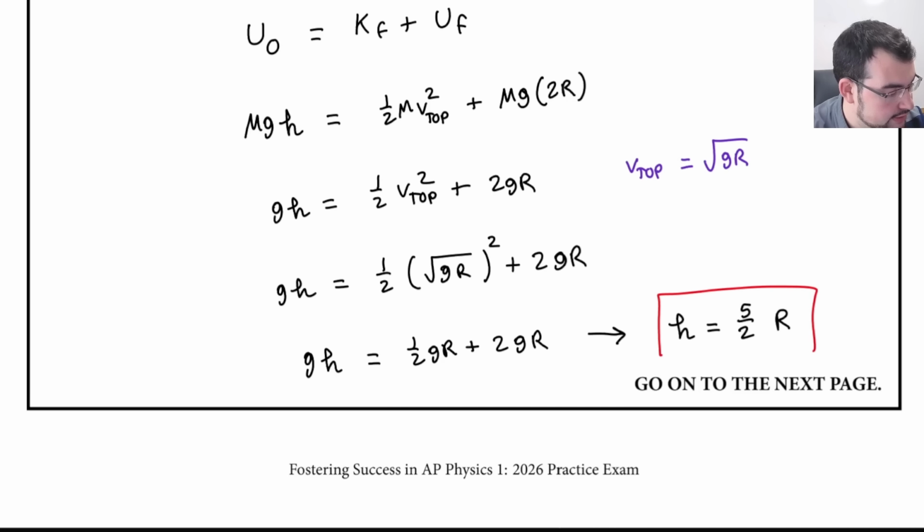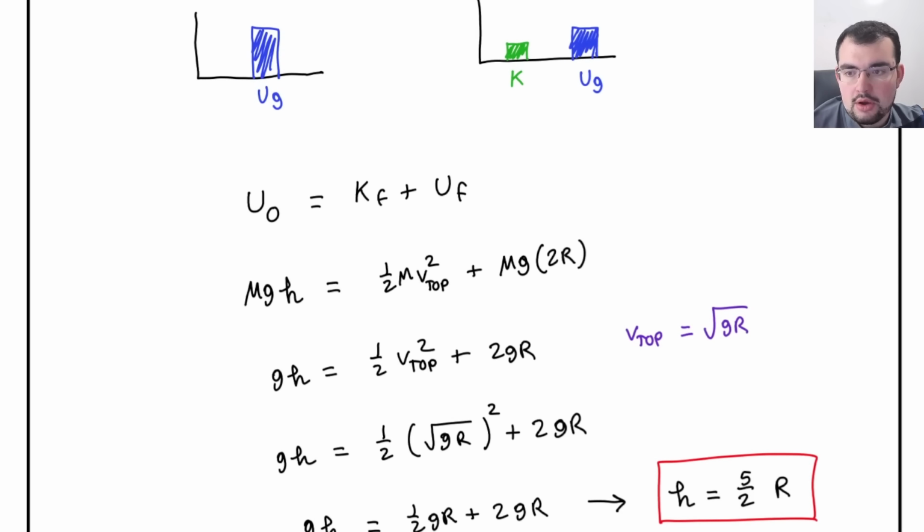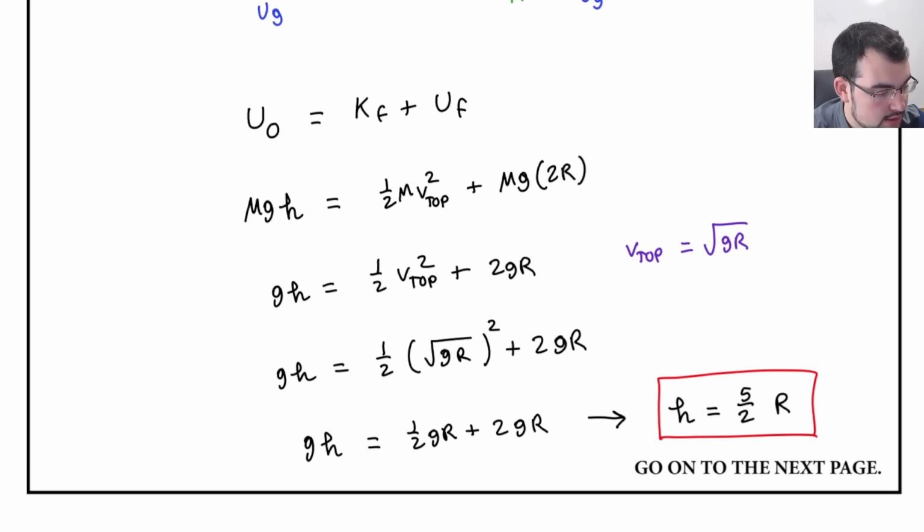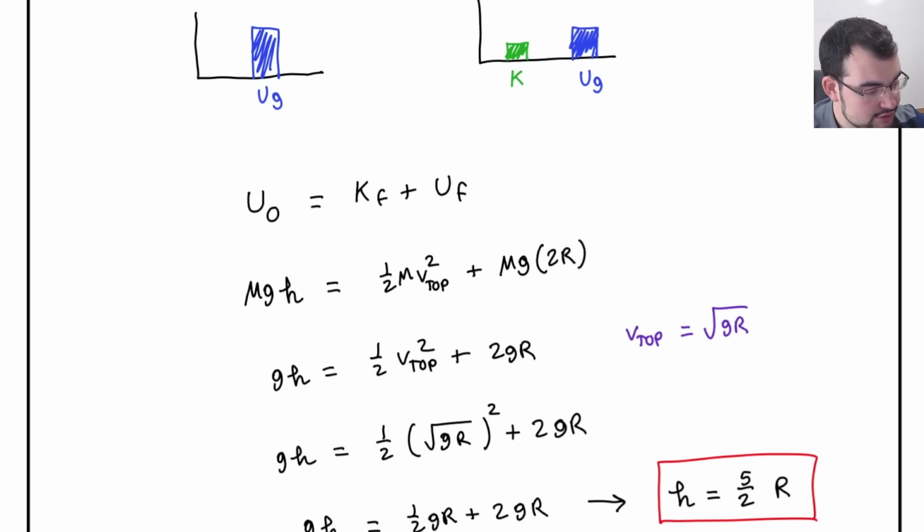No other variables. So how did you get your points here? Well, we get 1 point regardless of what's happening for a valid statement of conservation of energy. So that would be A6, a valid statement of conservation of energy.